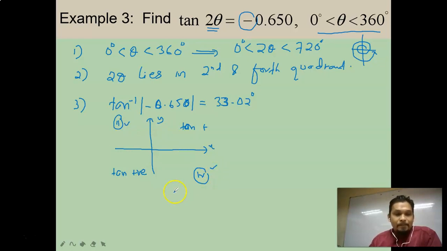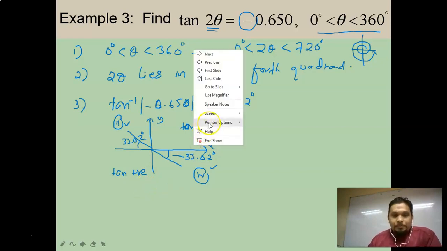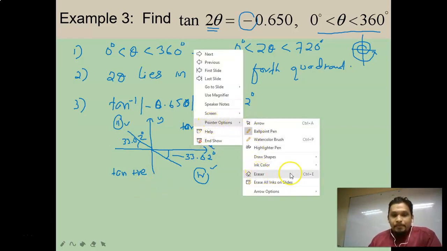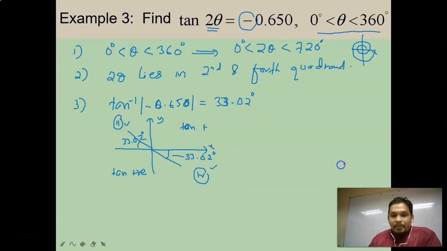Okay, so now, 33.02 degrees here, and also here, 33.02 degrees.